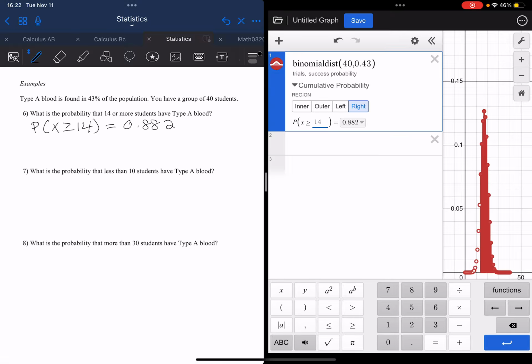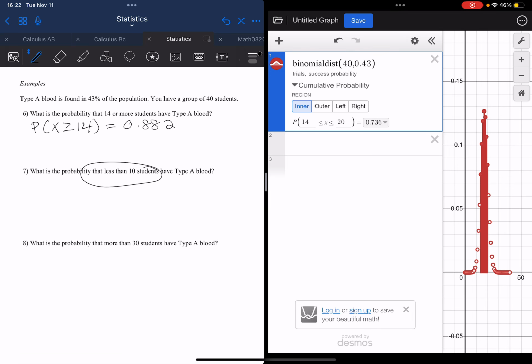This one says the probability that less than 10 students. This is where we're going to have to really think about this because look at all our regions here. All of them have less than or equal to or greater than or equal to. None of them have just less than or just greater than. So technically, if we were to write less than 10 students, this would be X less than 10. But we can't write that based off what we're already given.